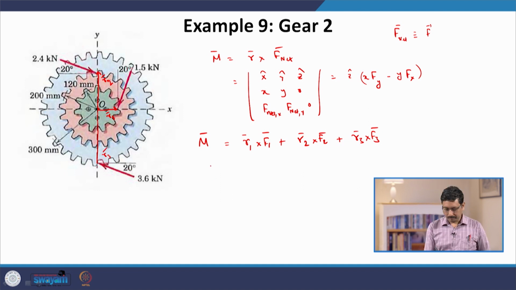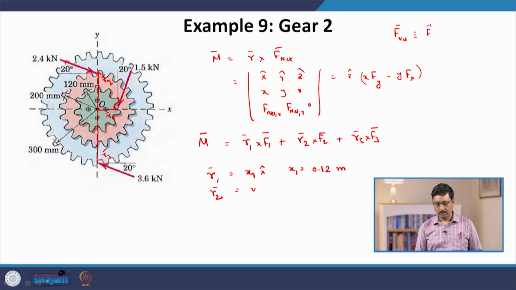So, we get R1 is x1 x hat, where x1 is equal to the radius of the first inner wheel, which is given by 0.120 meter, which is 120 millimeter. R2 is acting at this point, which is on the y axis.